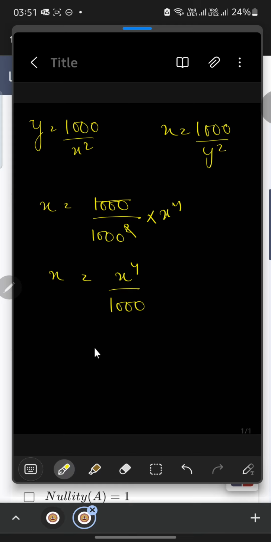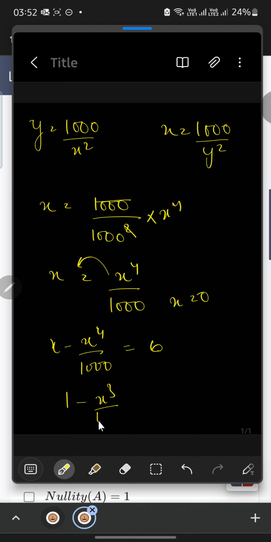So we will just shift the terms here, so we can say x minus x raised to power 4 by 1000 is equal to 0, and from this we can say that x is either equal to 0, or 1 minus x cube by 1000 equals 0, and from this we can infer that x is equal to 10. So we get two values from here.